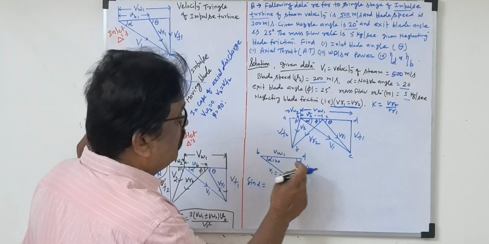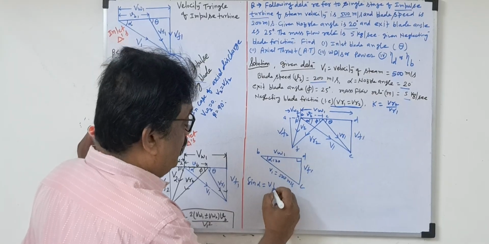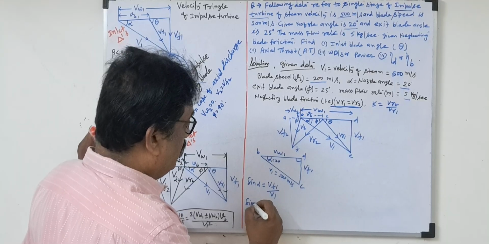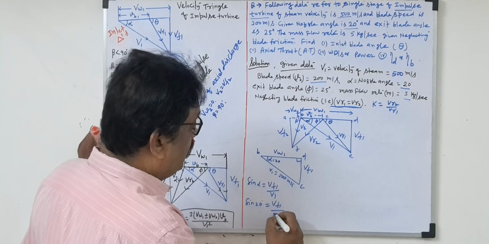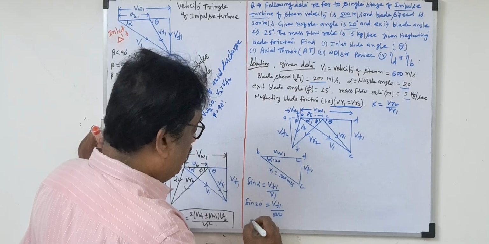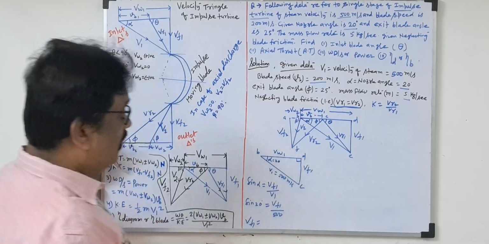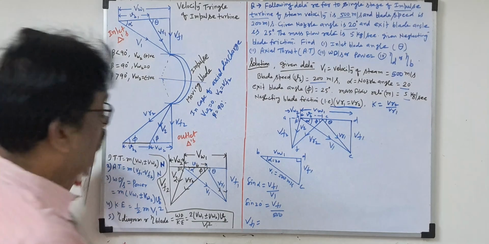Sine alpha equals P by H, that is VF1 by V1. So sine 20 degree I know, VF1 we don't know, V1 we know is 500. VF1 is nothing but sine 20 into 500. So we calculated the value: sine 20 into 500 is 171.01.